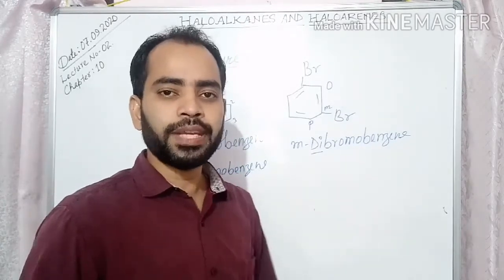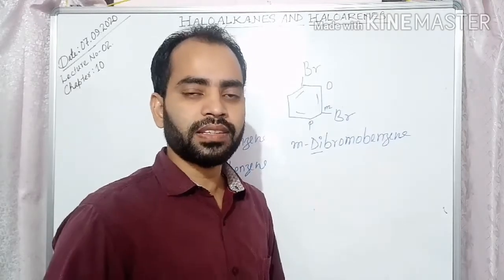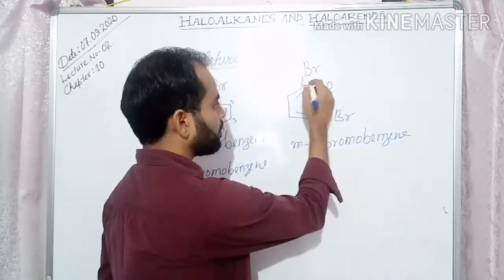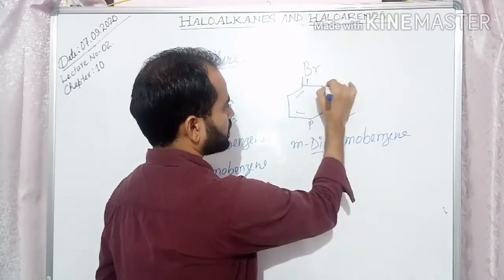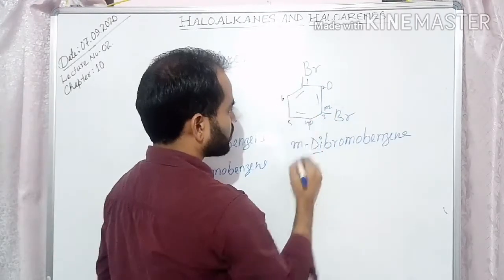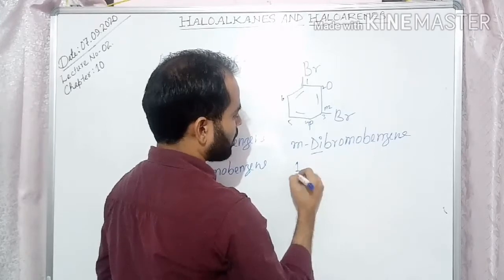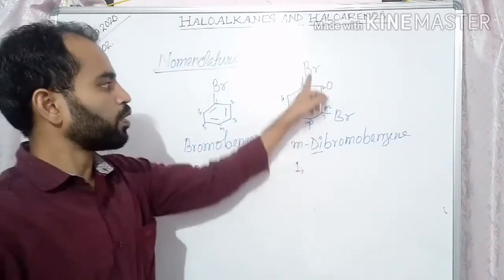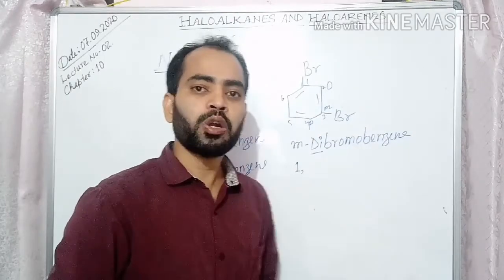This is the common name, but if you want to write in IUPAC nomenclature, that is the standard form, we have to mention the positions as first, second, third, fourth, fifth, and sixth. So bromine is at 1, comma, since both are the same group, their positions are separated by a comma.